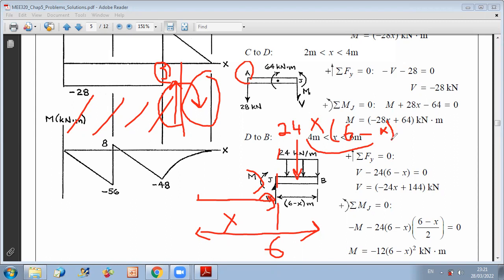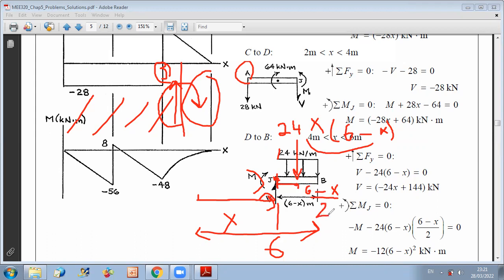After this, you have to calculate the distance from the section to the force. Since it's a rectangle, the concentrated force should pass through the centroid. The centroid is at the distance (6 minus x) over 2. So the distance between the concentrated force replacing the distributed load and the section point is (6 minus x) over 2.